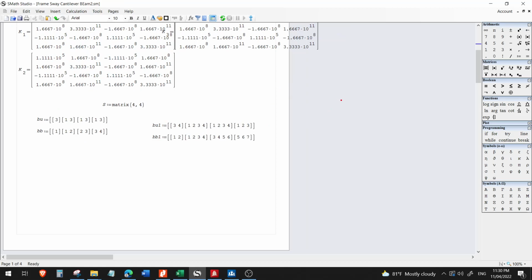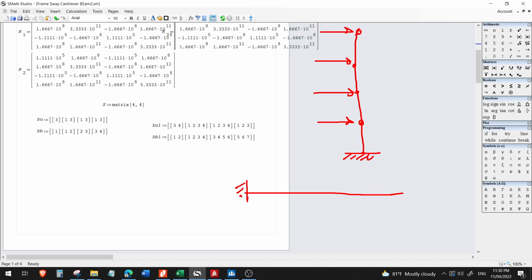So because we basically idealized the 4-story building as a cantilever beam, 1, 2, 3, 4, wherein it is a cantilever column, you have a lateral load here, therefore which degrees of freedom will be activated? Right, in our beam, we have rotation and, sorry, this is our beam.